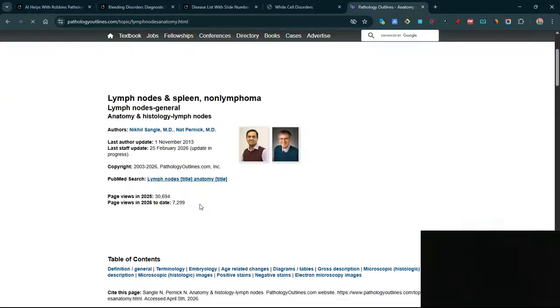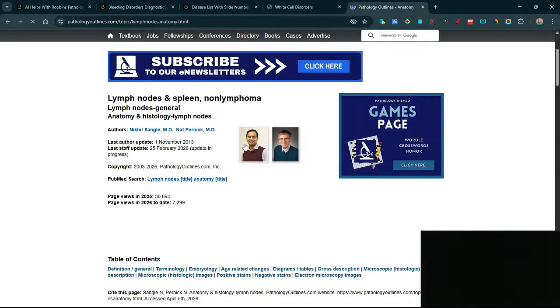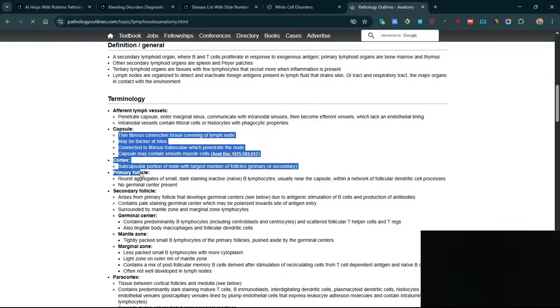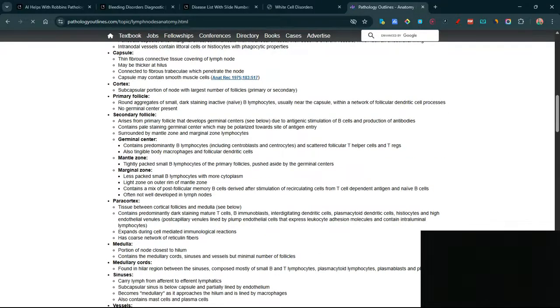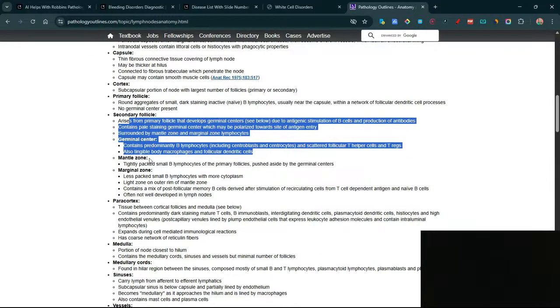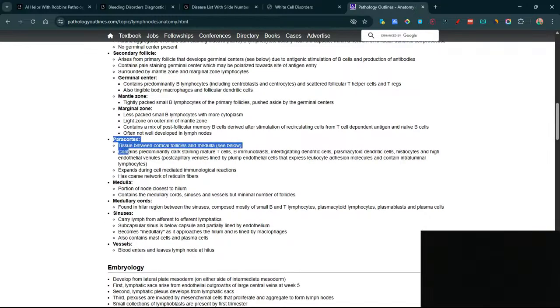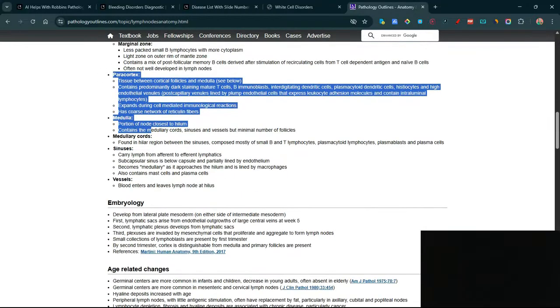Okay, this is lymph node and spleen. So this: capsule, cortex, secondary follicle, germinal center, mantle zone, marginal zone, paracortex, medulla, cords, sinuses, and vessels.